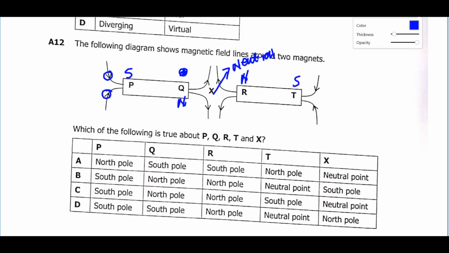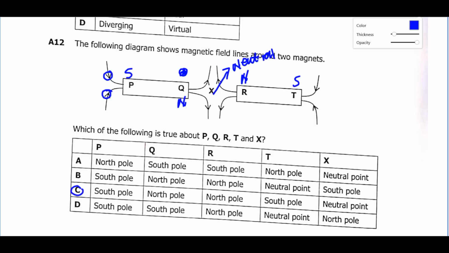Neutral point is only created when we have repulsion. So P is south, Q is north, R is north, T is south, then X is neutral.